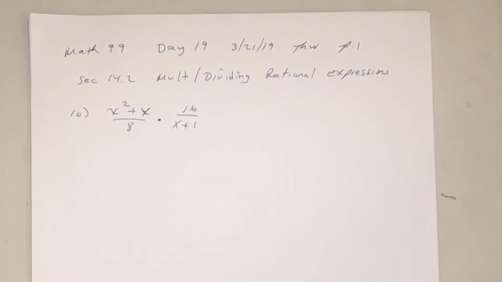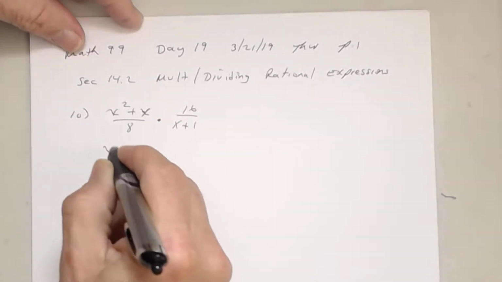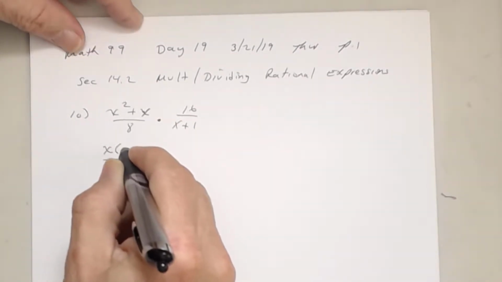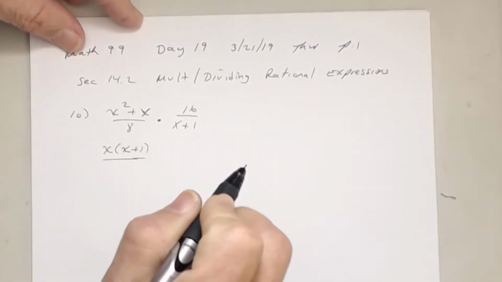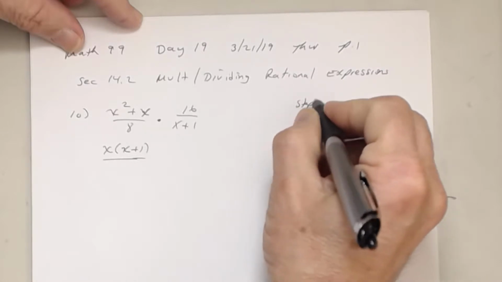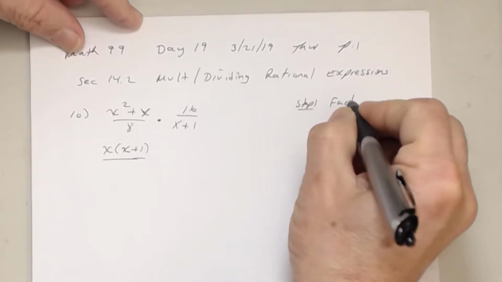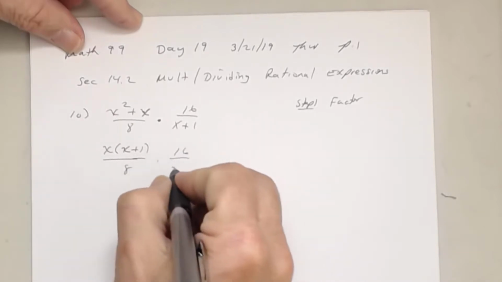How do you factor x squared plus x? It's x times x plus 1. I can't do anything else in terms of factoring, so everything else I'm going to leave alone.